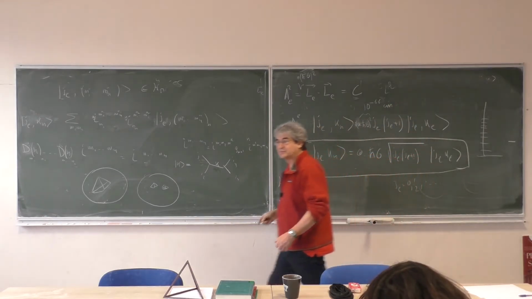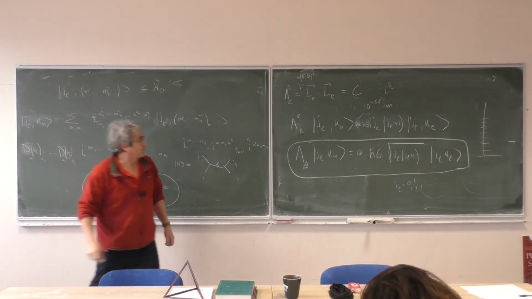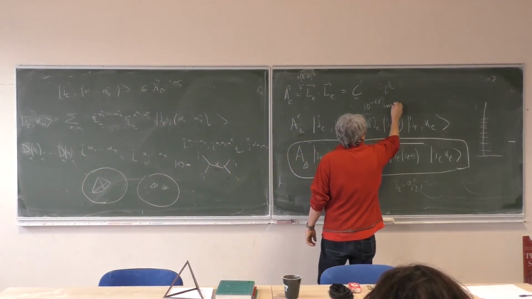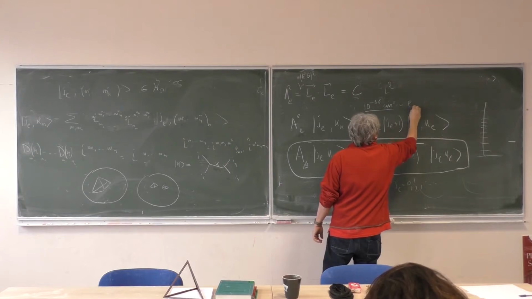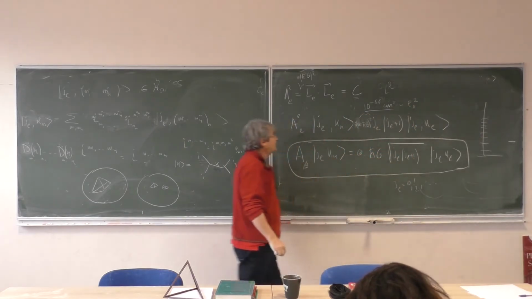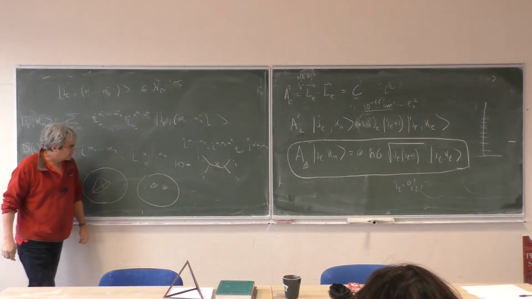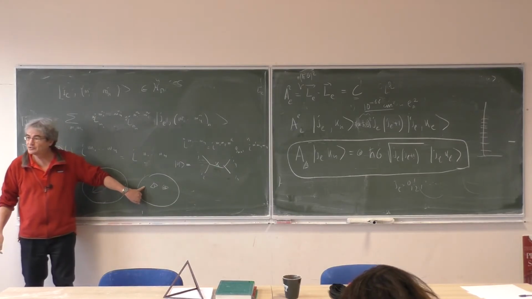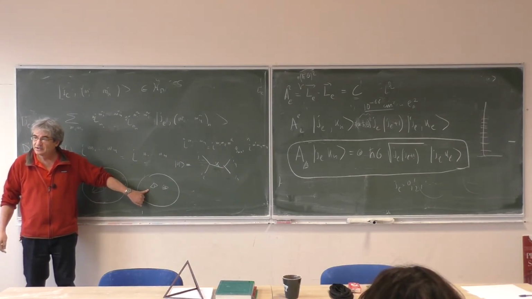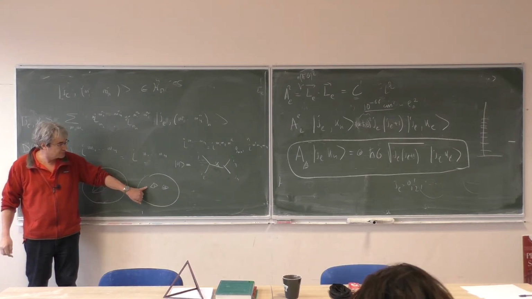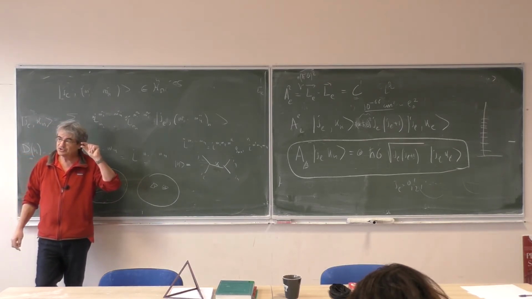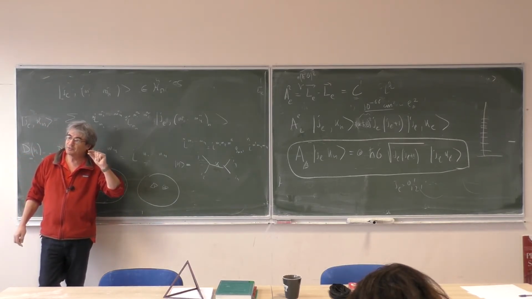So it's very small. It's a Planck length squared. So the theory is saying that whatever quantum state you build, you cannot approximate a geometry at a scale smaller than this one.